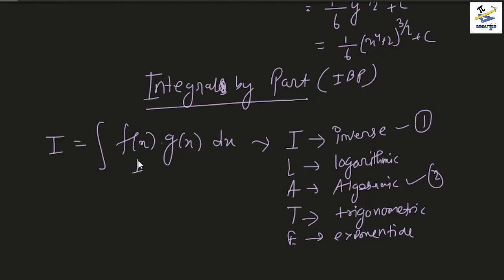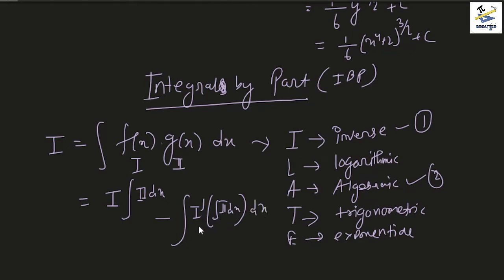So let us name here f(x) as function 1 and g(x) as function 2. Then what it gives you is function 1 times the integral of function 2 dx, minus the integral of the derivative of function 1 times the integral of function 2 dx, and the integration of this whole.